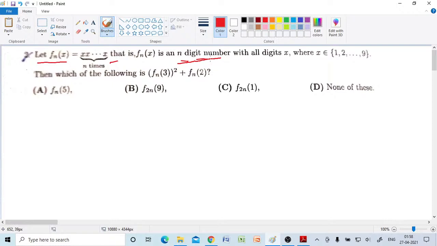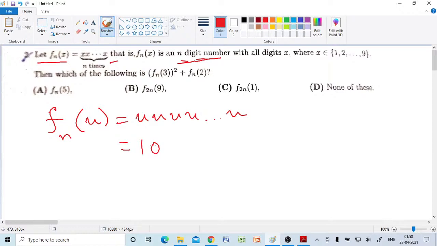So how can we deal with this? Note that before moving on to the question, we can obviously see how we can deal with this. It's basically a sequence of x which continues. So this means that it is something of this form.